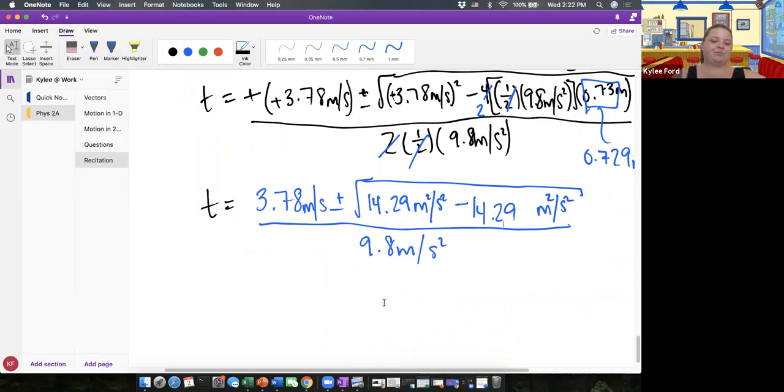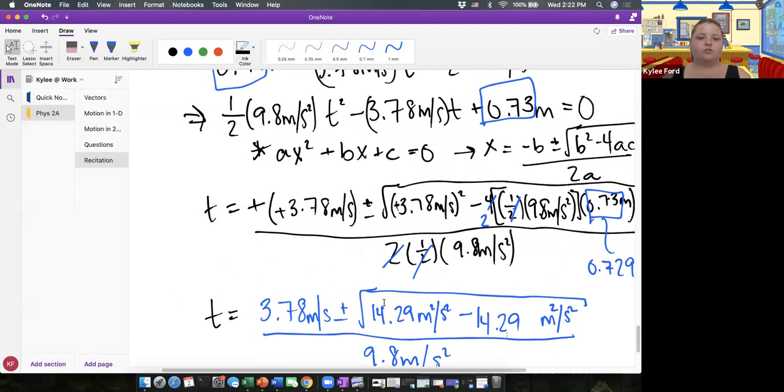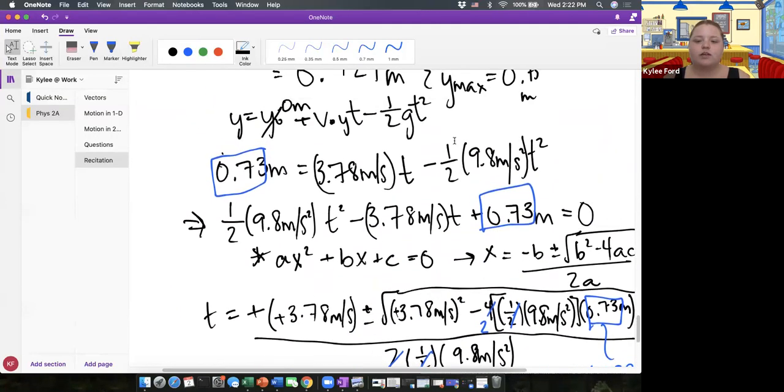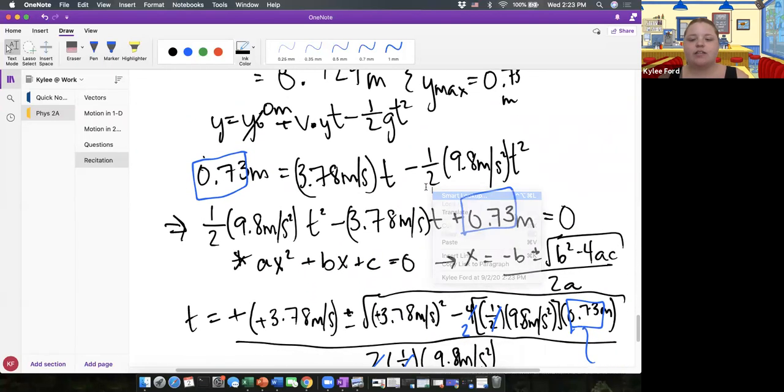Let's see. The negative 1/2, up here. So what I did here is I plugged in my negative 1/2, of course, and then my 9.8 meters per second squared.